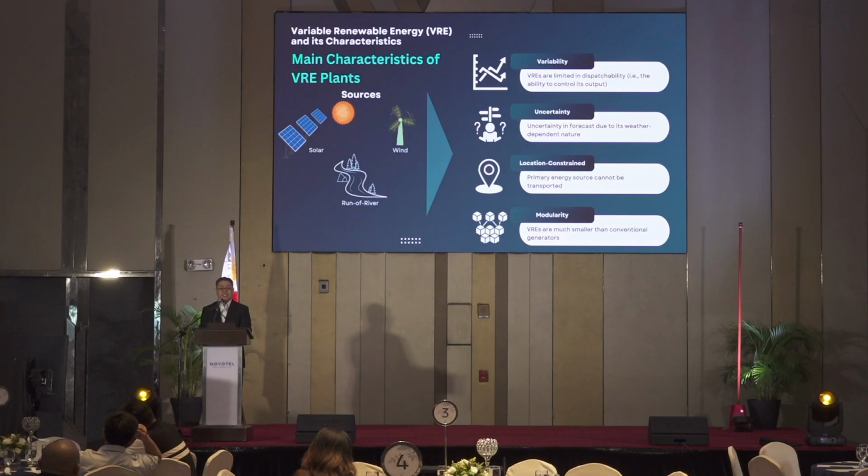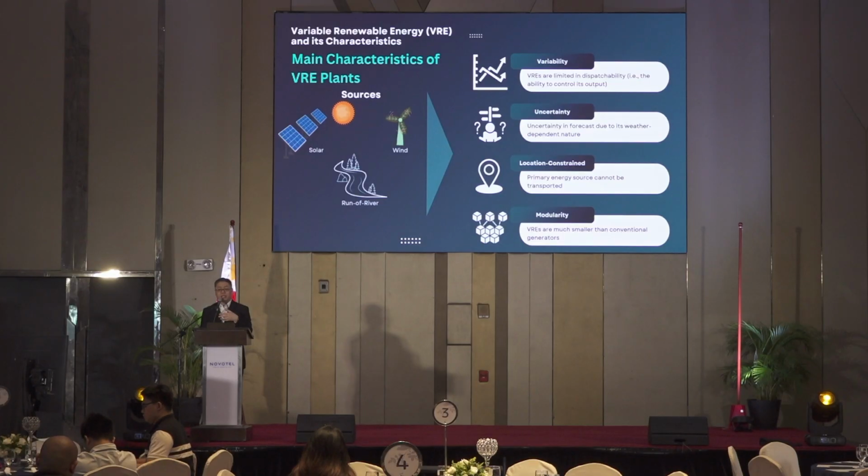Some characteristics of a VRE plant: first is the variability of its output. This is because VRE plants are generally weather dependent, based on nature. We have solar, we have wind. Even if it's a clear day, it might not be sunny, it might be cloudy, so the output of a solar plant can vary even on a clear day.